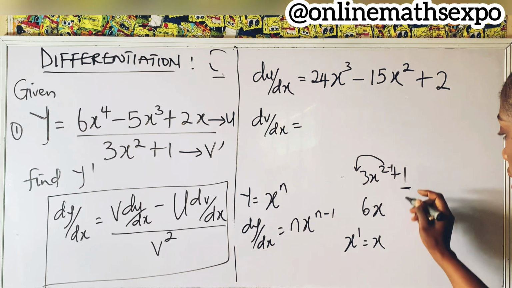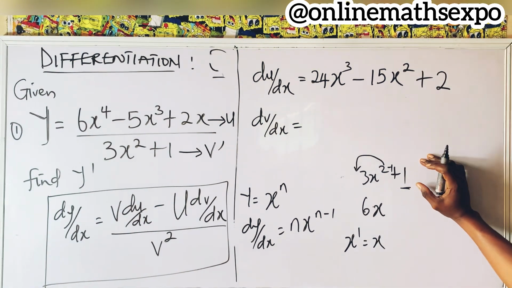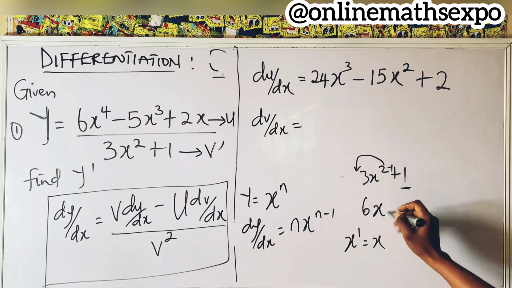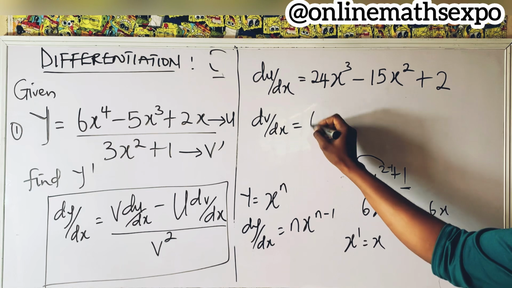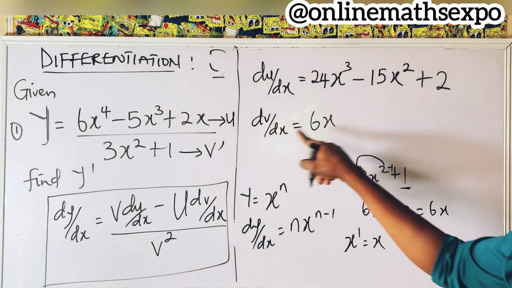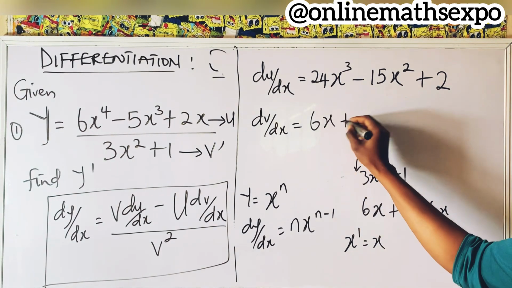This is a constant, and when you differentiate a constant, it is always 0. So we have 6x plus 0, which gives us 6x. So we have 6x for differentiating this function of v. I hope that is clear.